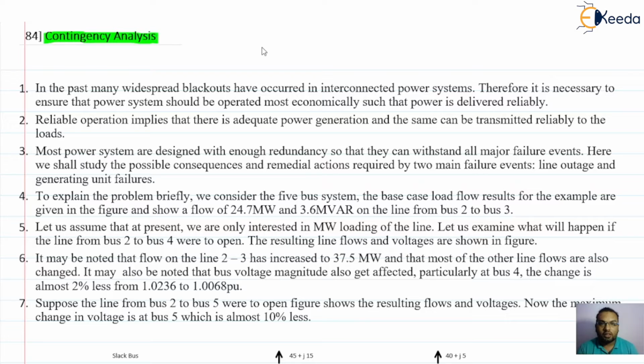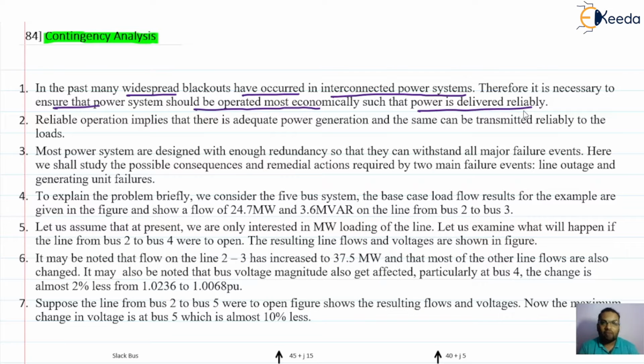Let us see with an example how it is actually done in a practical system. In the past many widespread blackouts have occurred in interconnected power systems. Therefore it is necessary to ensure that the power system is operated most economically, such that power is delivered reliably.